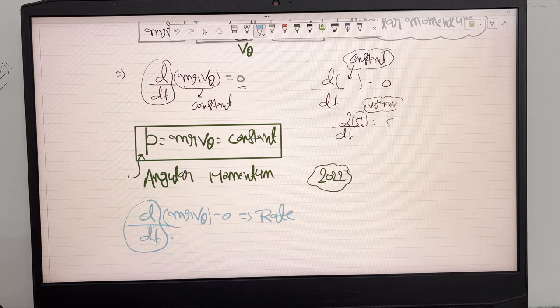So the rate of change, because d means derivative, is change. The rate of change of angular momentum is shunya, that means 0.